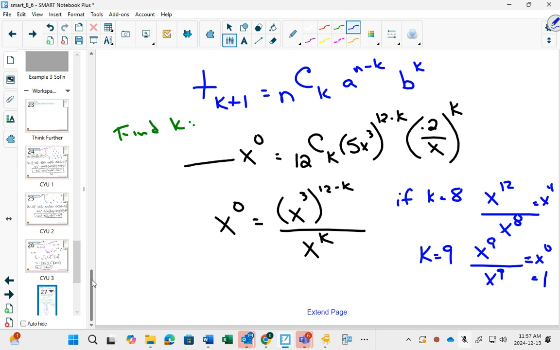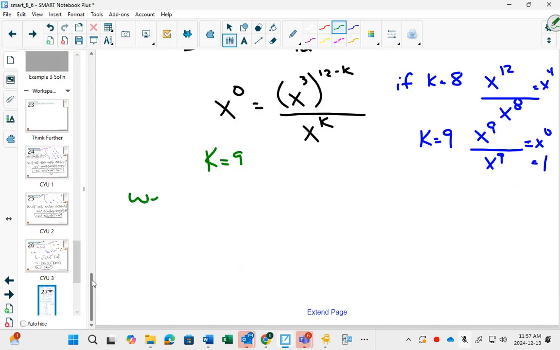And x to the 0 is equal to 1. Again, we could do this algebraically, but you figured it out. So we found out that k is 9, which means we need to find which term? Term 9? No. K is always 1 less than the term. We need to find term 10.